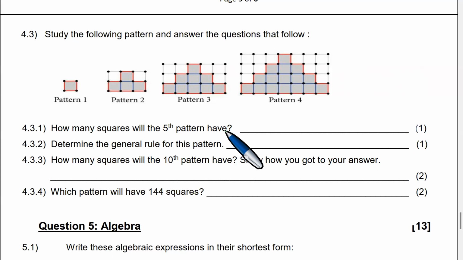How many squares will be there in pattern 5? So here, how many squares will be there according to you in the 5th pattern? Are you still with me, Lindsay?